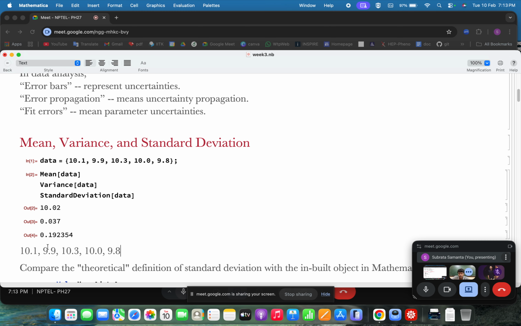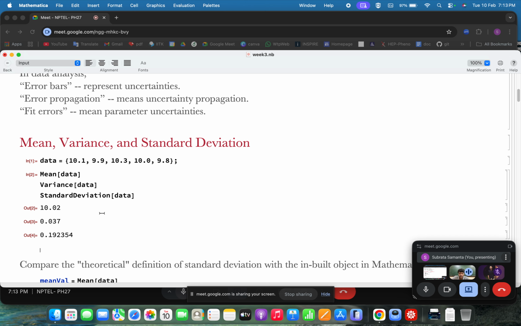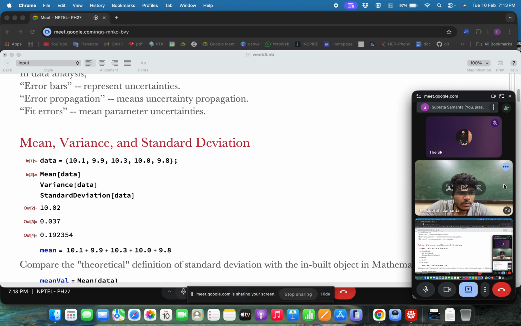So basically, how to calculate this mean? So this mean basically equals the sum of the data plus, okay, wait, I think, okay, just a minute.